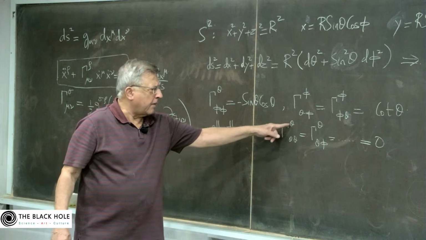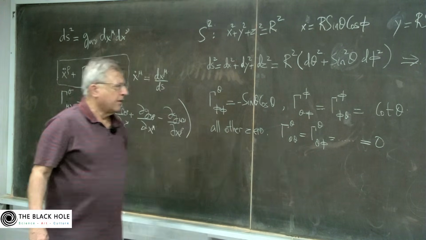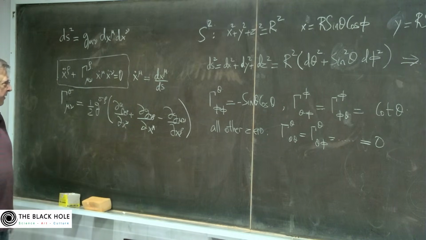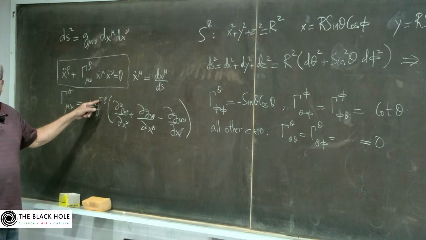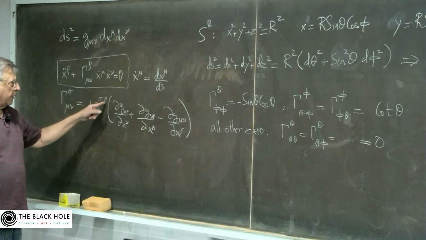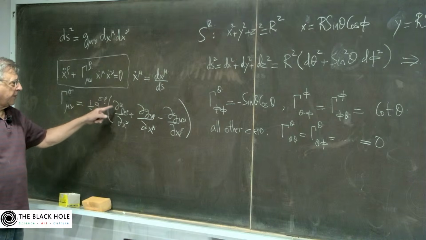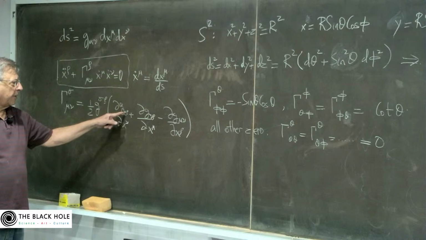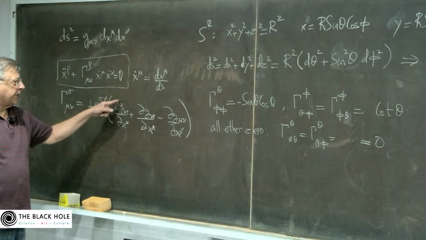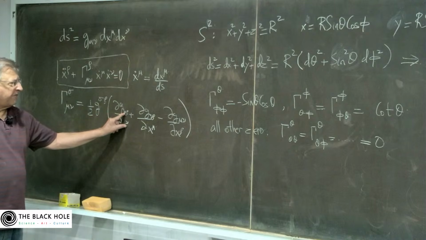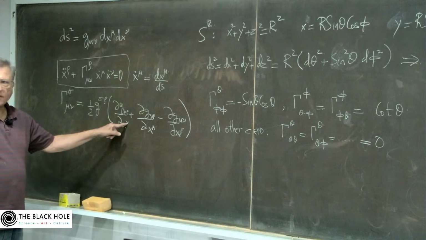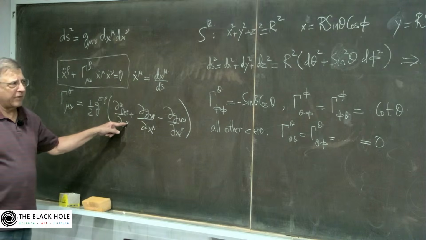Why do you think gamma theta theta theta would be 0? Let's think of that over here. So sigma is theta, rho has to be theta, so mu has to be theta. So this is g theta theta divided by this being theta. But there's no theta dependence anywhere in the metric.